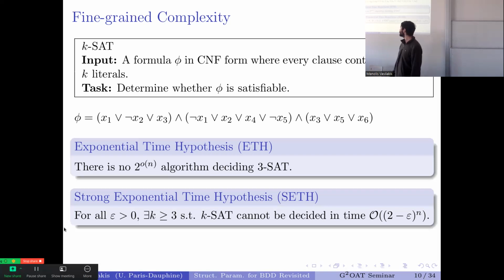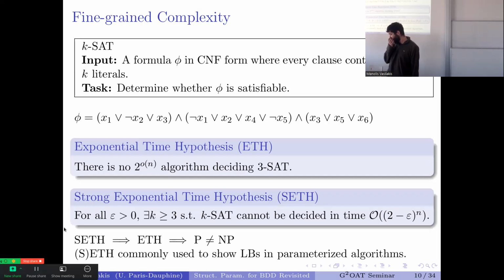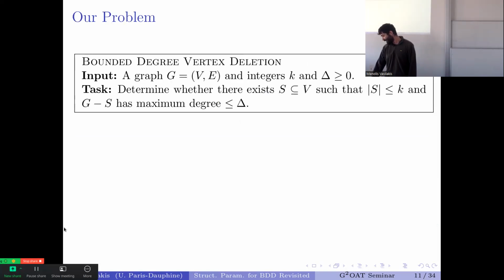The latter tells us that for every epsilon, there exists a k-SAT for some k such that you cannot go under (2 minus epsilon) to the n. And we have these implications: strong ETH implies ETH, which implies P versus NP. Those two hypotheses are very commonly used to show lower bounds in parameterized complexity. I think this is the end of the preliminaries.